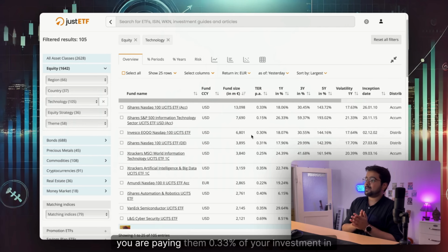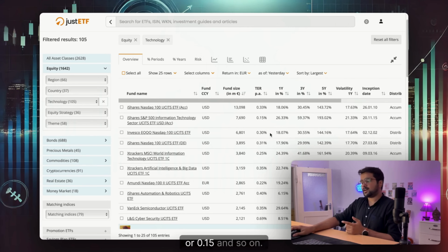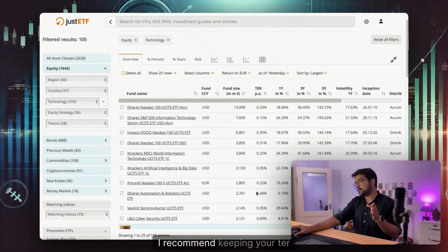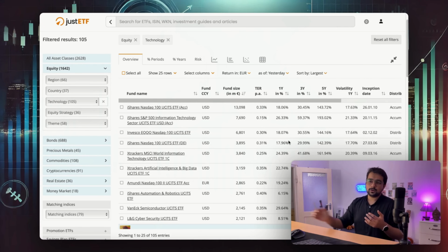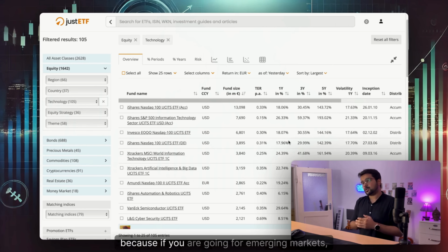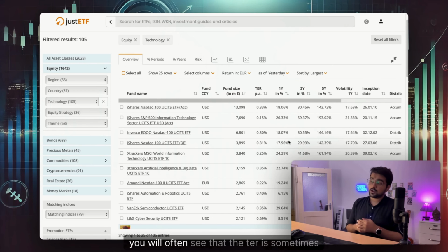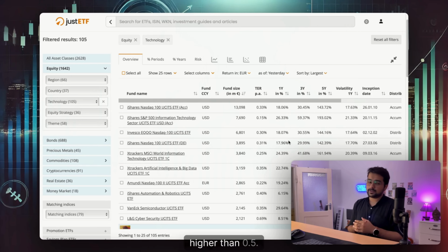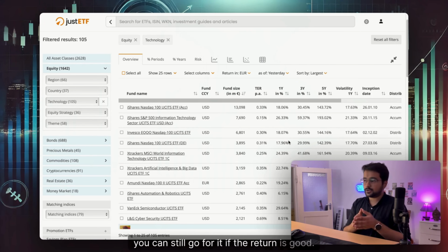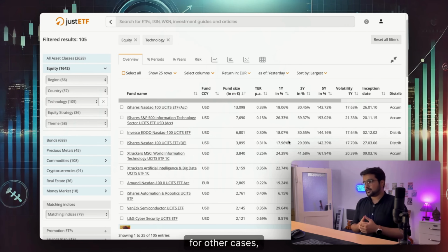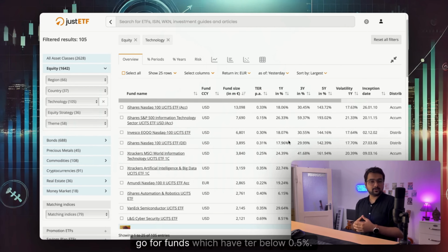So for that, you are paying them 0.33% of your investment in the first case, or 0.15, and so on. So I recommend keeping your TER below 0.5. But again, there's no rule of thumb for this, because if you are going for emerging markets, you will often see that the TER is sometimes higher than 0.5. But if you really want to invest in emerging markets, you can still go for it if the return is good. But for other cases, usually I try to go for funds which have TER below 0.5%.